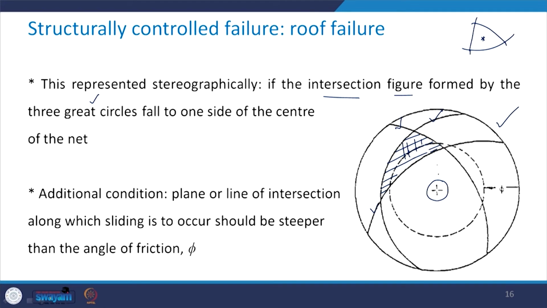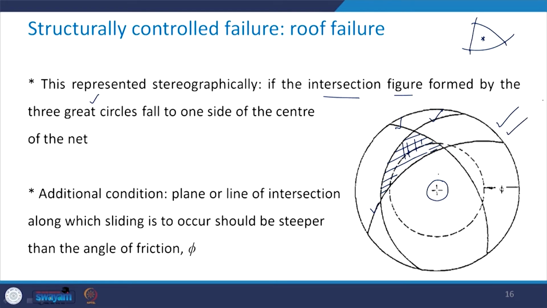So, that particular situation when the vertical line passing through the apex of the wedge is outside the base of the wedge can be represented stereographically in this particular manner.